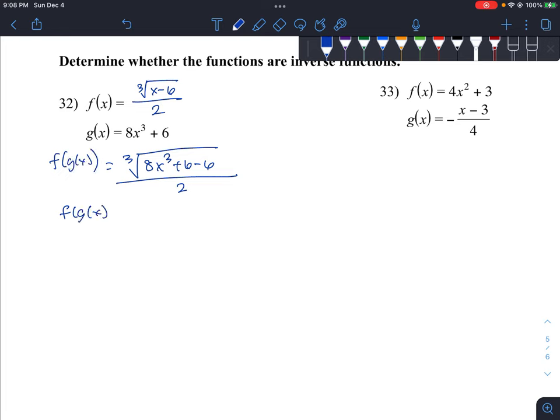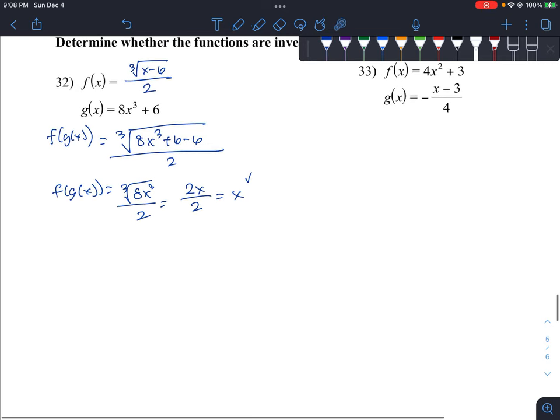Those right there are going to cancel, so I get the cube root of 8x cubed divided by 2. And then the cube root of 8 is 2. The cube root of x cubed is x, so I get 2x divided by 2, and that's going to be equal to x. So there's a check right there.